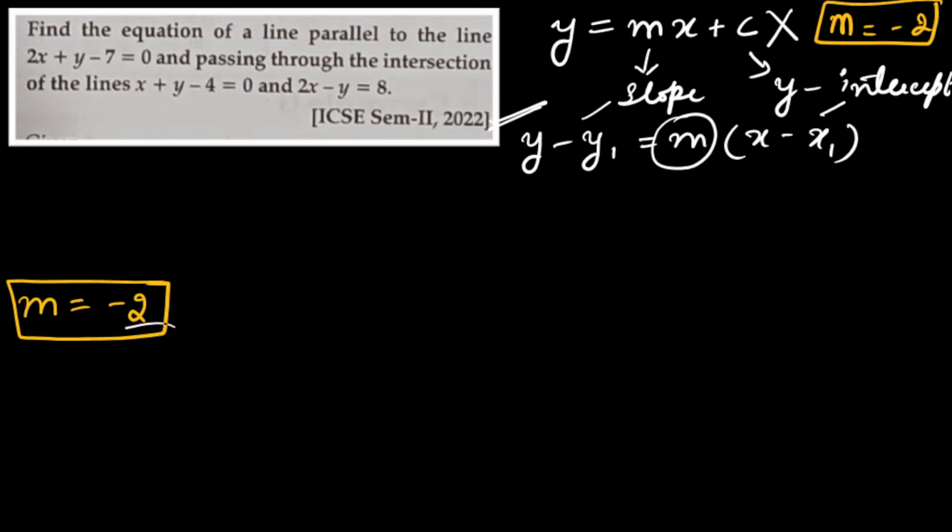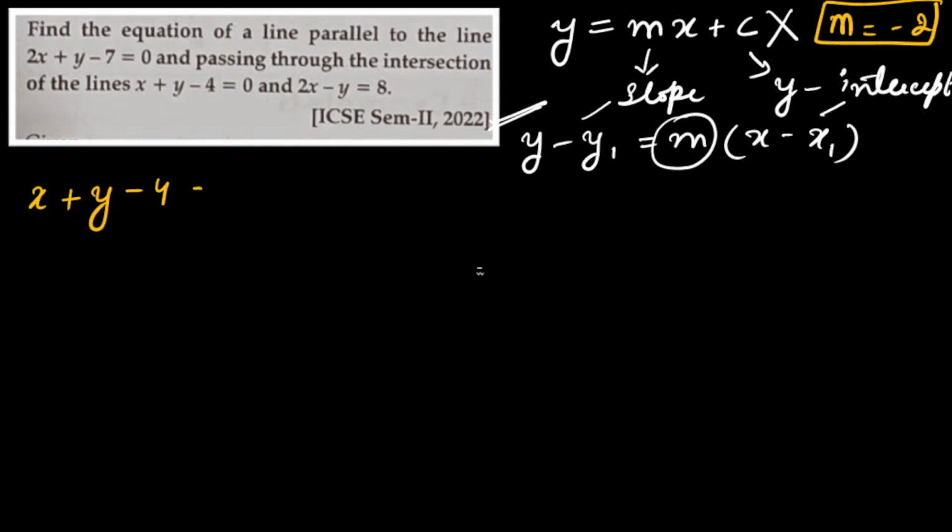It's given to us the line is passing through the point of intersection of these lines, x plus y minus 4 is equals to 0 and 2x minus y is equals to 8. So what's the meaning of point of intersection?